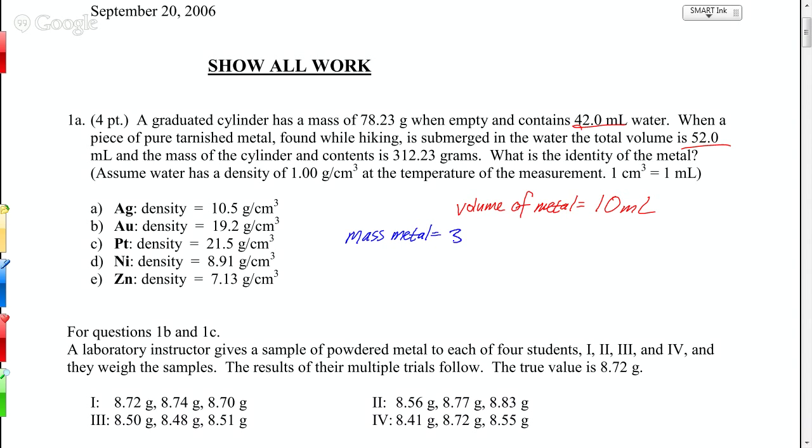is going to equal the total mass, and then you've got to subtract the mass of the cylinder, and you have to subtract the mass of the water in the cylinder, which is 42 milliliters converted to grams, or 42.0 grams.